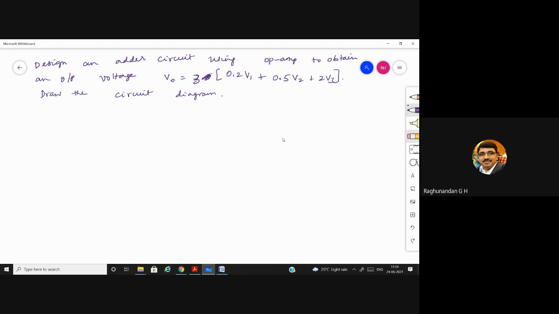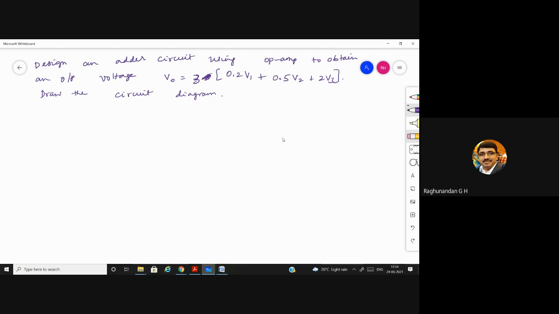We'll use the inverting adder. Please always remember one thing. Whenever they are not mentioning anything about the adder circuit, that is, what kind of adder they want, whether they want you to design inverting or non-inverting, always give preference to the inverting adder, because the inverting adder is easy compared to the non-inverting adder.